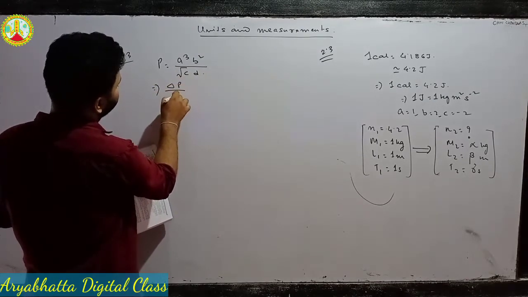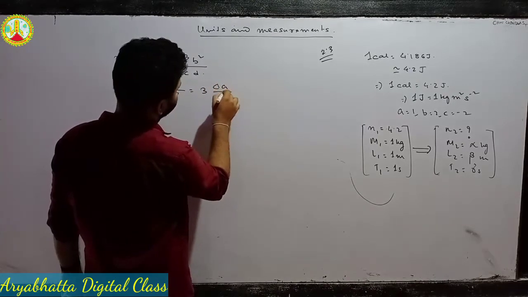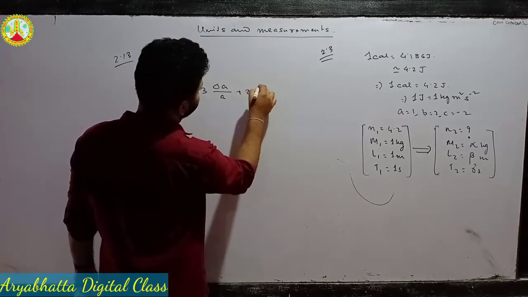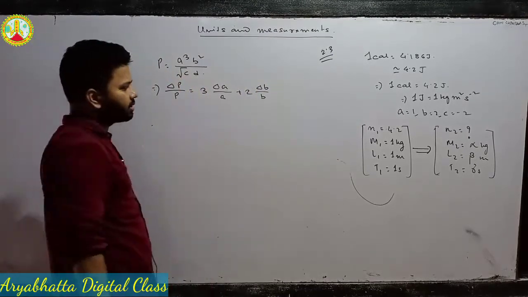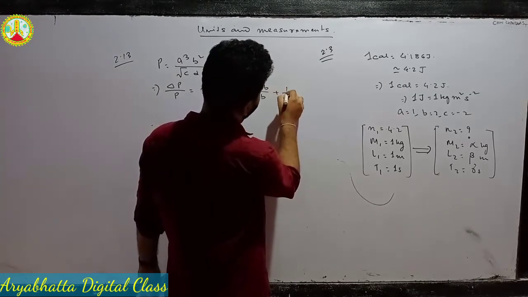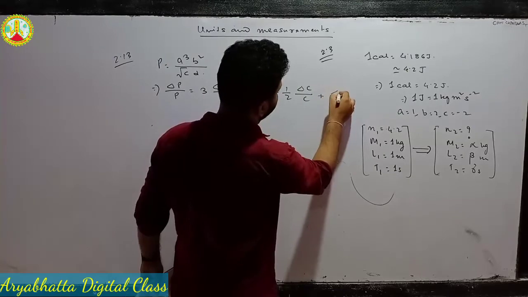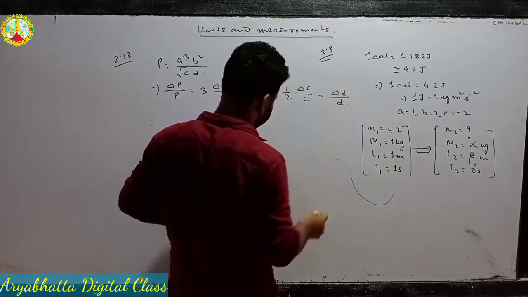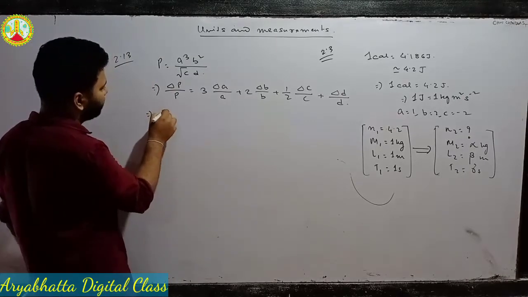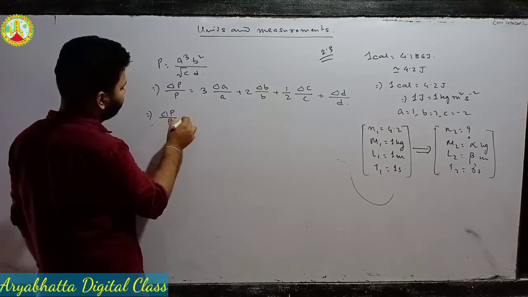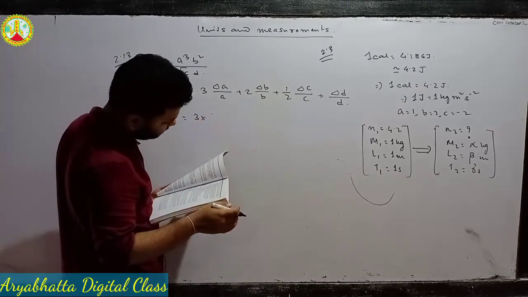So to calculate percentage error, first we have to calculate the relative error. 3 times delta a by a, 2 times delta b by b. Look, this is root c, so what will its power be? Half. So it will be half delta c by c, plus d has no power, so it will be delta d by d. So percentage errors are given directly. So delta P by P will be 3 into, what is the percentage error in A? It is 1%.